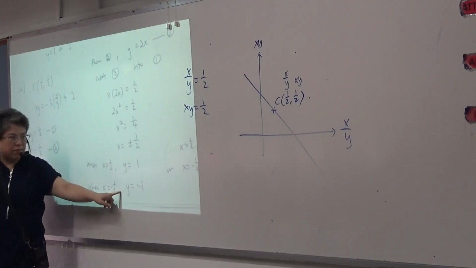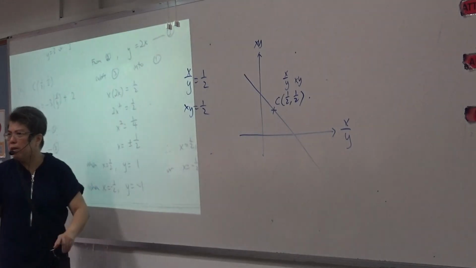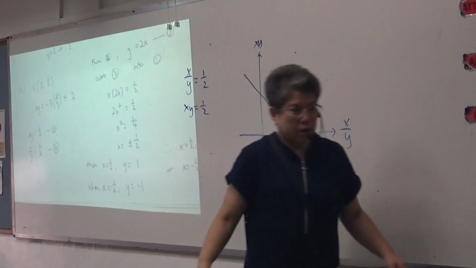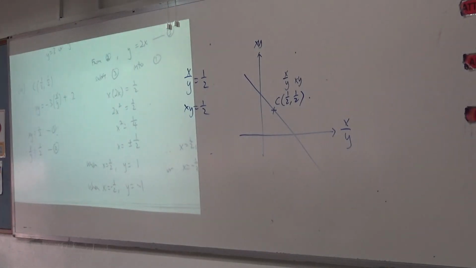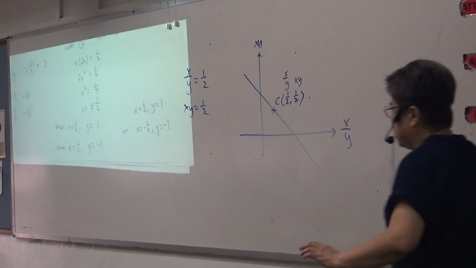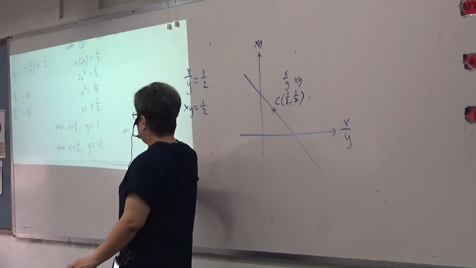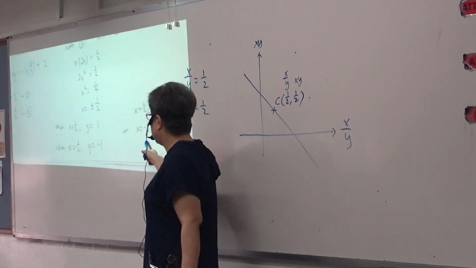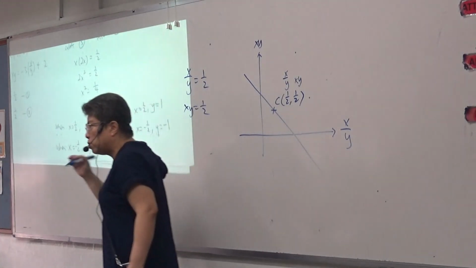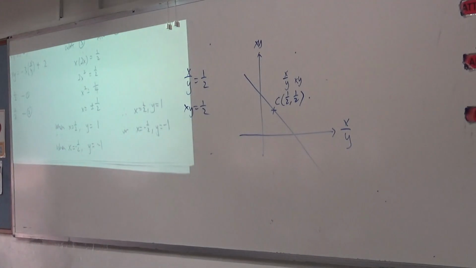When x is negative half, y is negative 1. So how many sets of answers do I have? 2 sets. Okay, so you have to write down here: x is half, y is 1, or x is negative half, y is negative 1. There are 2 sets of answers. Remember simultaneous equation, we got to pair up the answers correctly.